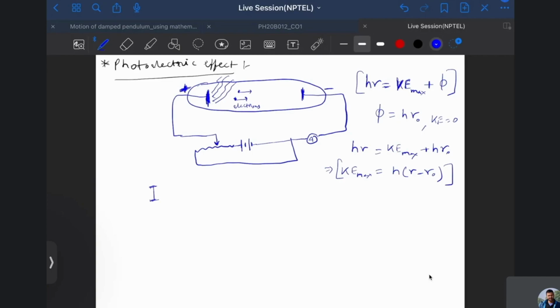But that's not the case. Increasing the intensity does not increase the kinetic energy of the electrons. But what it increases is just the number of electrons.